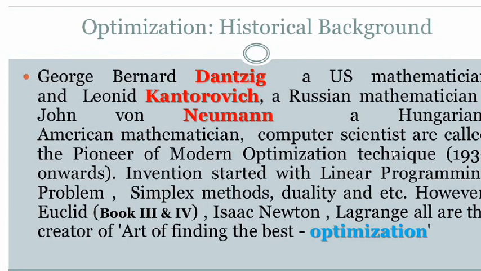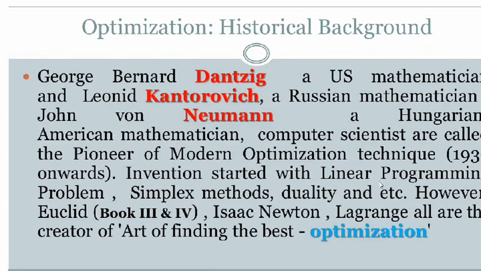This series of techniques was invented around 1939 to 1942 during World War II. The invention started with the linear programming problem, simplex methods, as well as duality, etc. And thereafter the development of modern optimization problem descriptions and algorithms is going on.